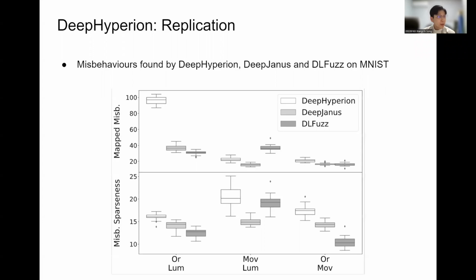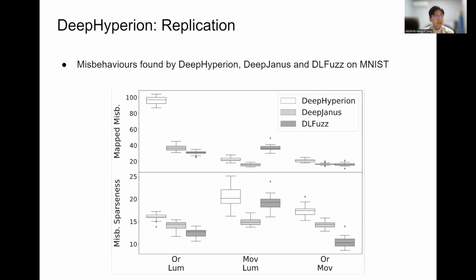We first do the replication of the original work. The results on the misbehaviors found by Deep Hyperion, DeepJanus, and DLFuzz demonstrated the quantities of the distinct improper behaviors identified by each tool within the MNIST system and their distribution sparsity on the map.